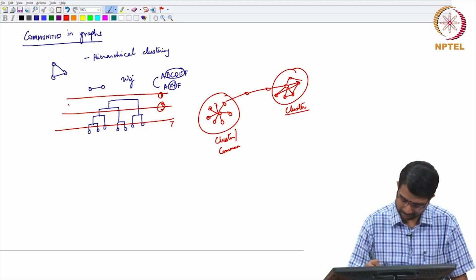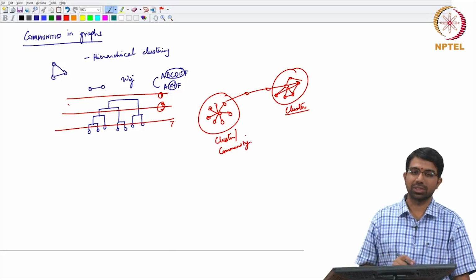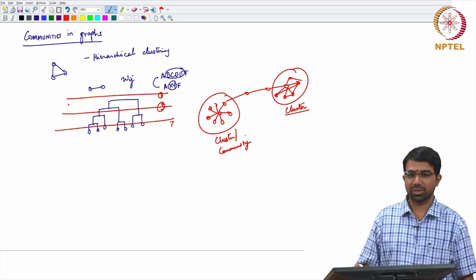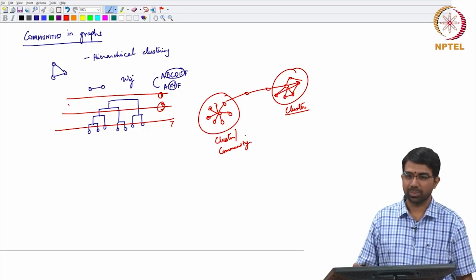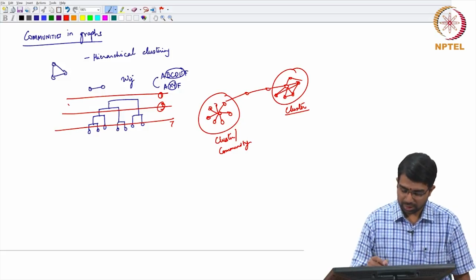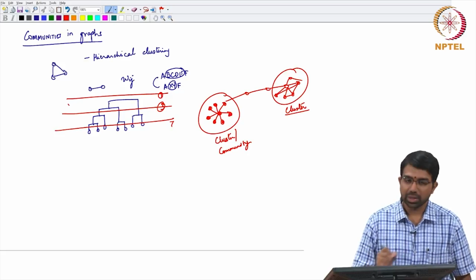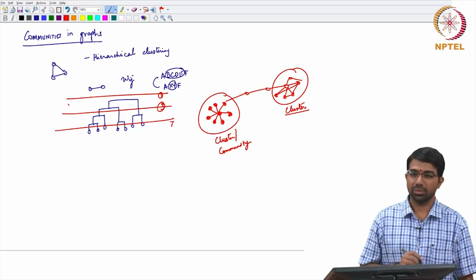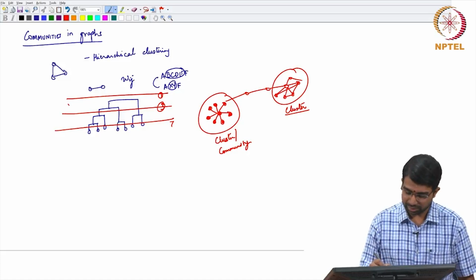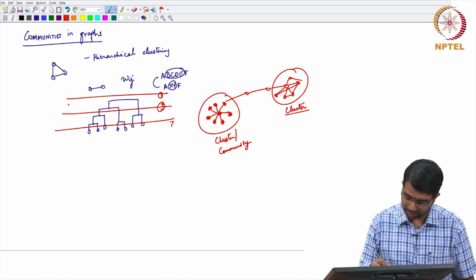The words are often used interchangeably, particularly in the biological community. But see this, it may be a cluster by virtue of its isolated function and so on, but if you see there are not enough intra community edges. I mean there are few, but it is not this tight.